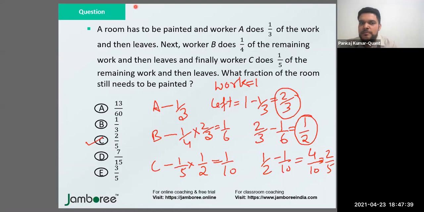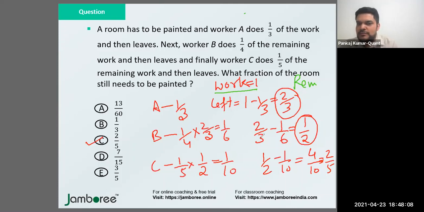Yes, Anya, just a second. So I'm relating this once again. Work is this much. A does 1/3. What does that mean? If A does 1/3, from 1 I'm left with 2/3. B does 1/4 of the remaining. This is the remaining work. B does 1/4 of the remaining, that is 1/6.